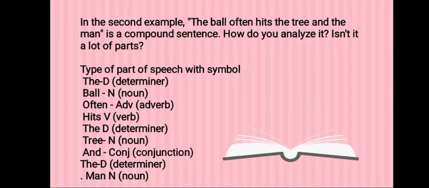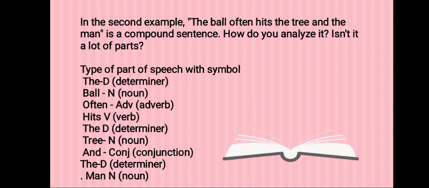In the second example, "the ball often hits the tree and the man" is a compound sentence. How do you analyze it? Isn't it a lot of parts?